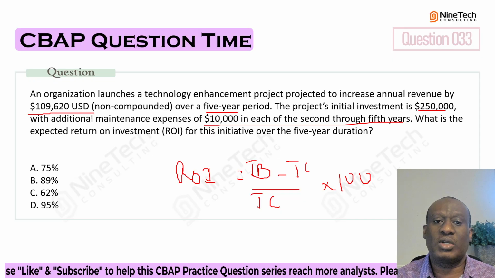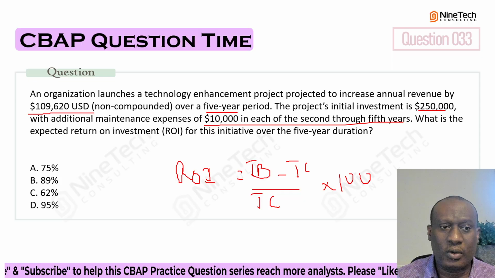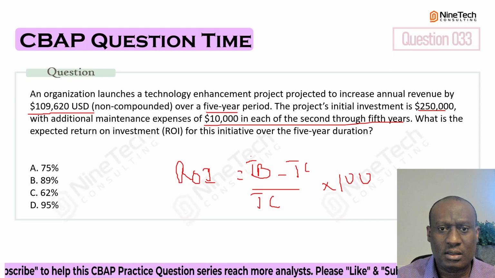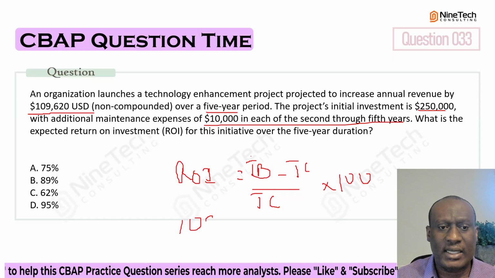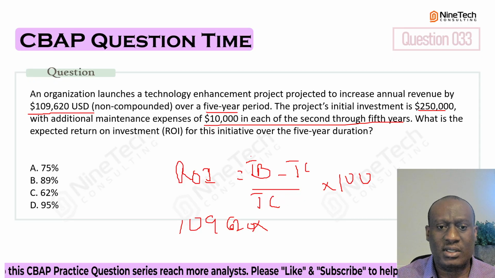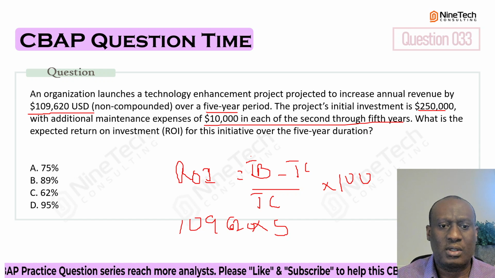So you multiply by 100. So from this question, you will see that your total benefit is 109,620 times 5. Remember, it is over 5-year period.